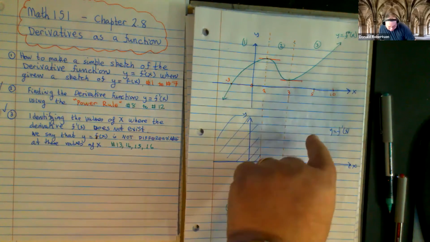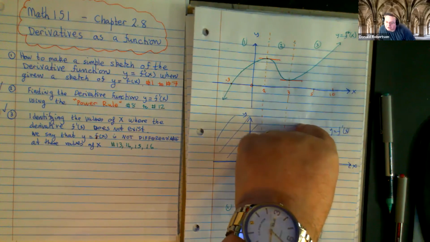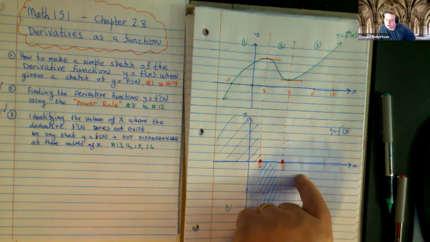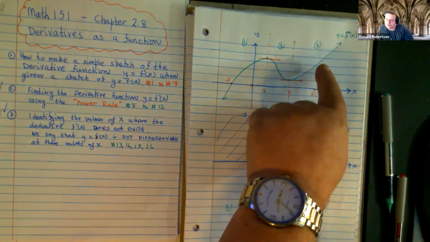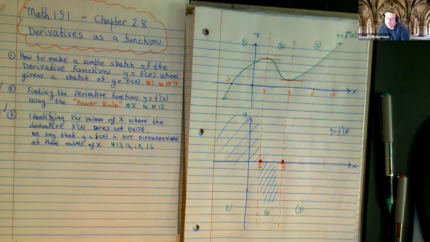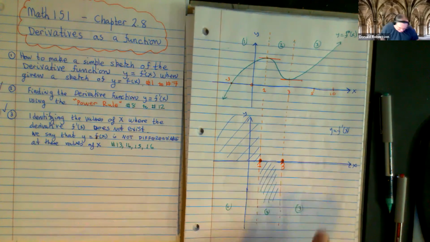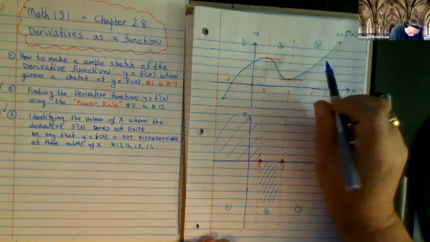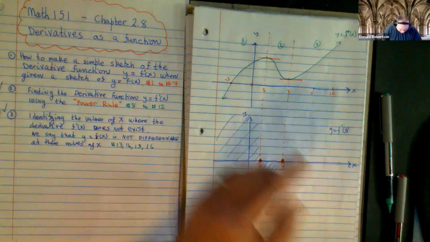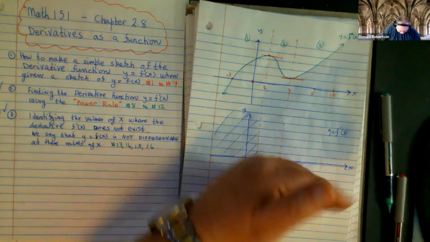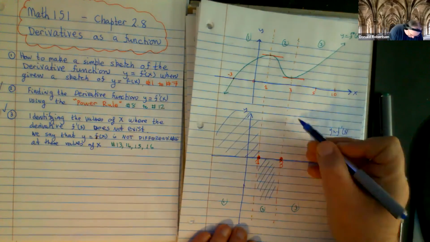Will it be positive and live above the x-axis, or will it be negative and live below the x-axis in region 3? Positive. Yes. We agree, everyone here? Right. So increasing, positive, decreasing, negative, increasing, positive.